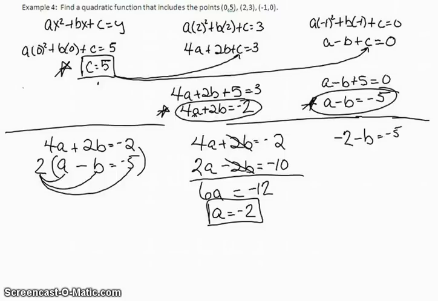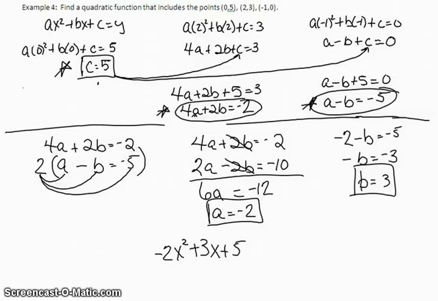Add positive 2 to both sides. Negative b equals negative 3. Divide by negative 1. b is 3. So the general equation, once again, is negative 2x squared plus 3x plus 5 equals y.